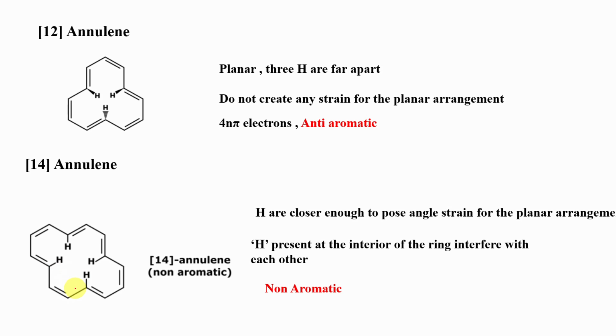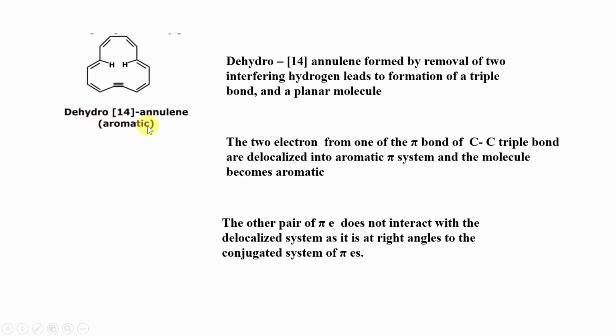Okay, so 14 annulene is non-aromatic in nature, but the dihydro 14 annulene is aromatic in nature. Dihydro 14 annulene is formed by removal of two interfering hydrogens, which leads to the formation of a triple bond. Here a triple bond is formed by removing the two interfering hydrogens, one hydrogen from here and another hydrogen from here.